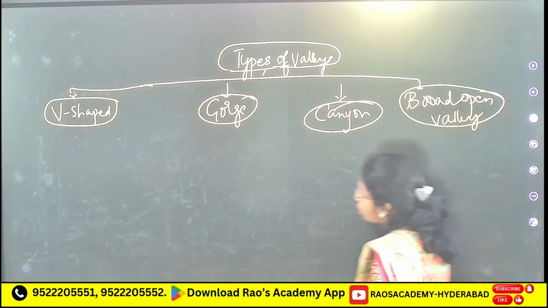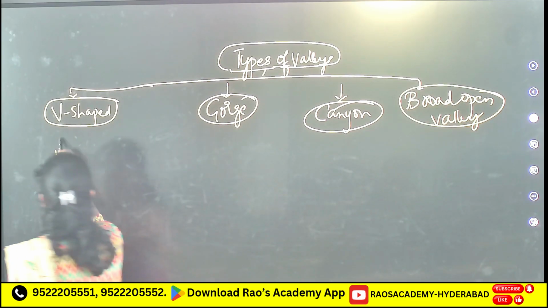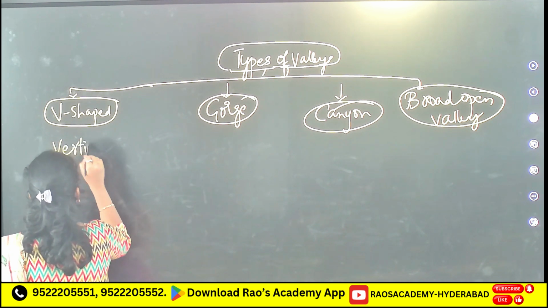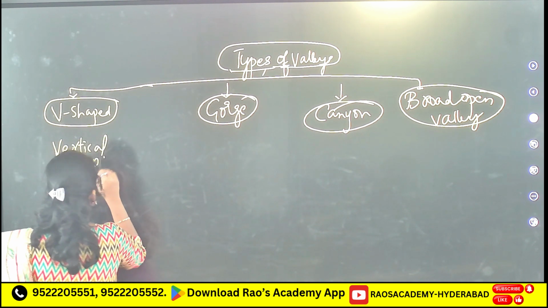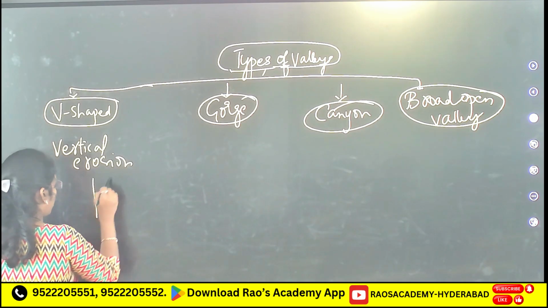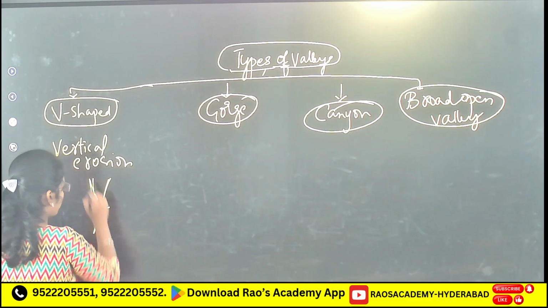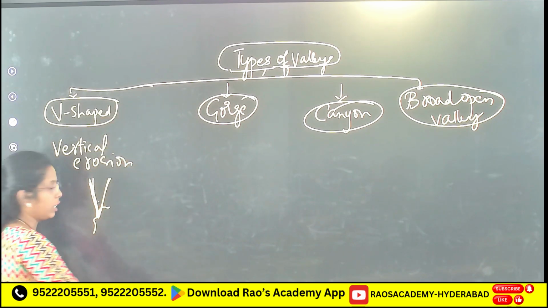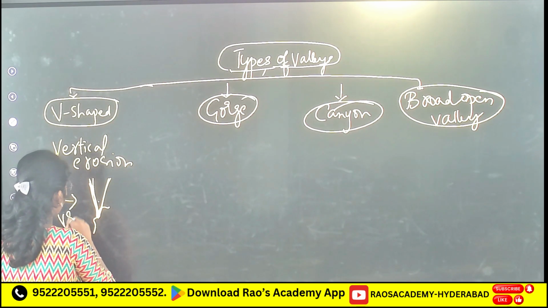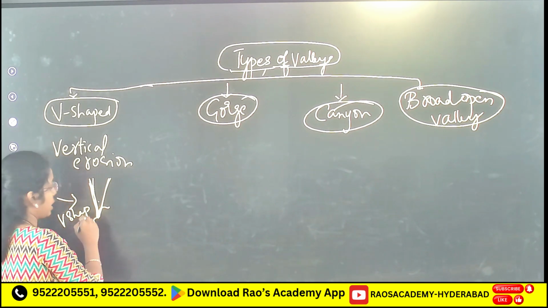V-shaped valley, because here you will see vertical erosion. Because of vertical erosion, in the form of a V shape, the river flows. It erodes vertically, because of that you will see V-shaped valleys at younger stages.